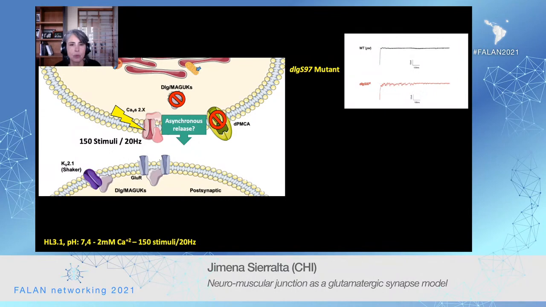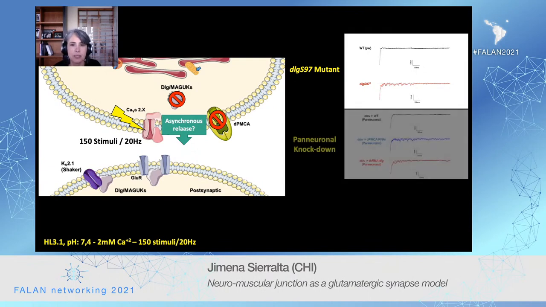This is the result. So in wild type, you see that there is a small amount of this asynchronous release, but in the DLG mutant, this release is much more increased.